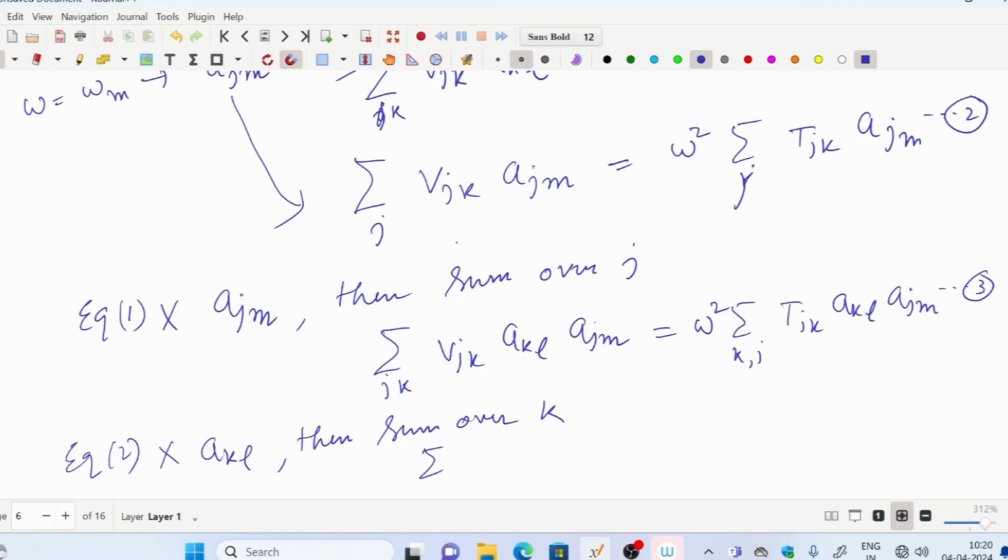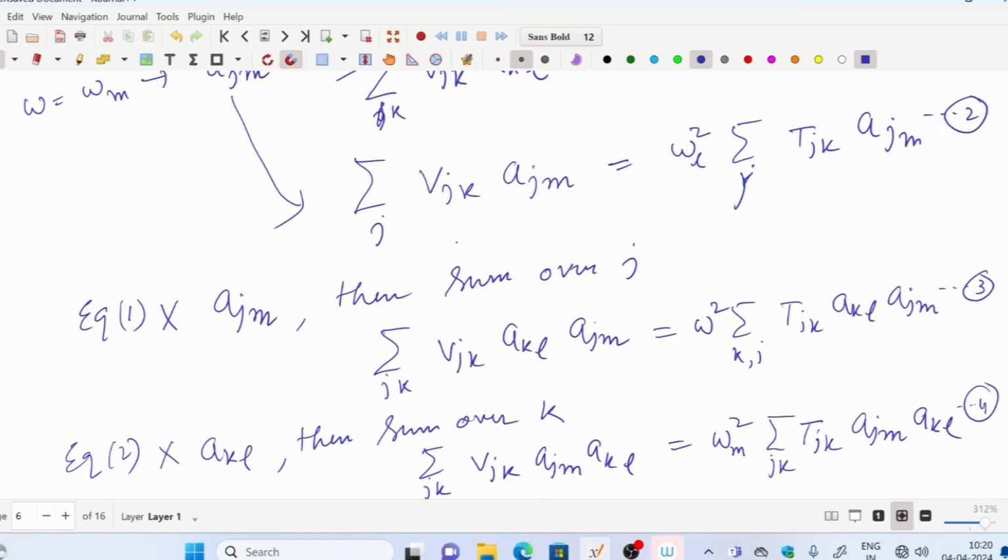Sum over j k V j k A j m A k L equal to omega m square sum over j k T j k A j m A k L. So, let us denote this as equation 4.